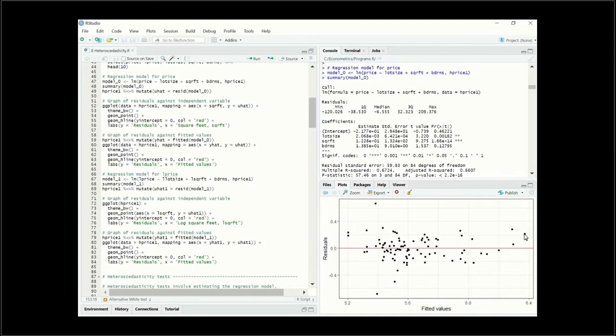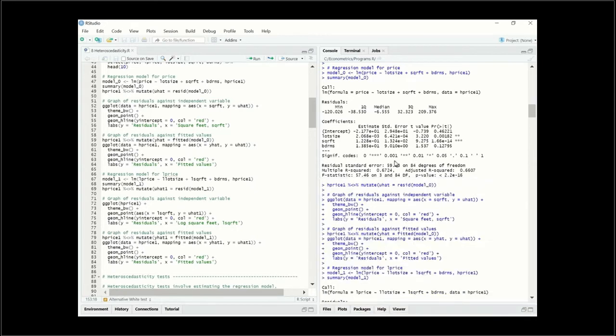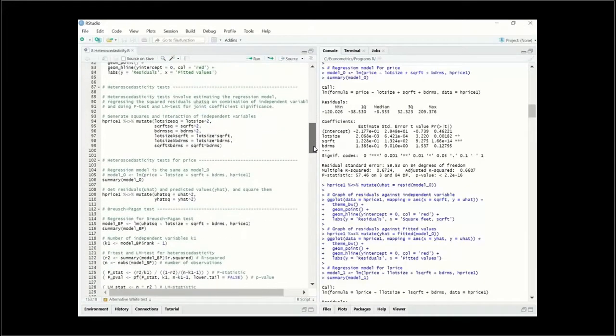I would like to reemphasize how difficult it is to make a conclusion about homoscedasticity and heteroscedasticity just by visual inspection. That's why we need some formal tests to decide if there's homoscedasticity or heteroscedasticity. And these are the tests that we're going to be using here.